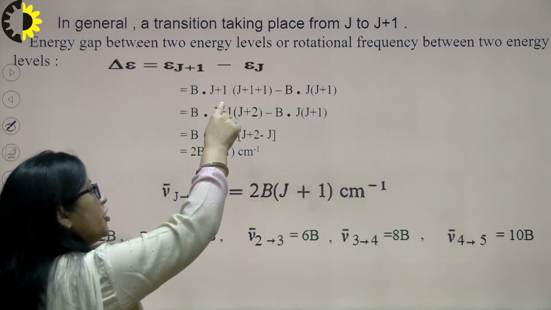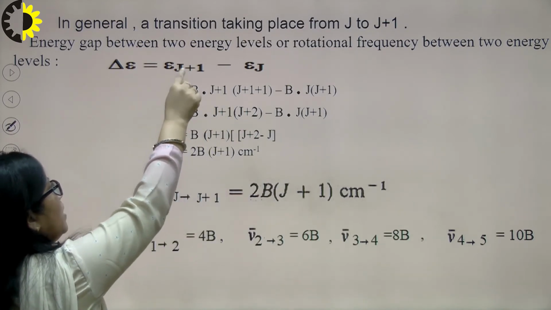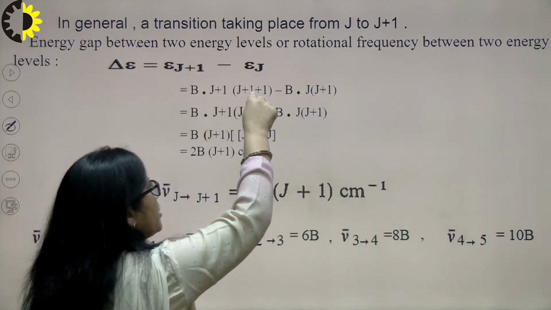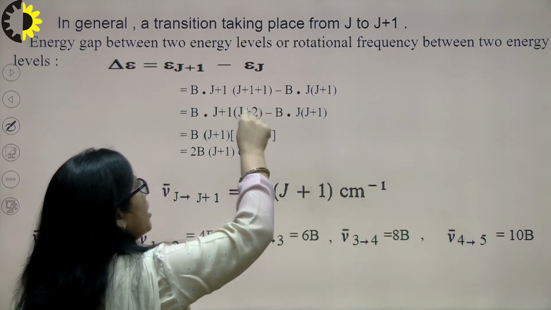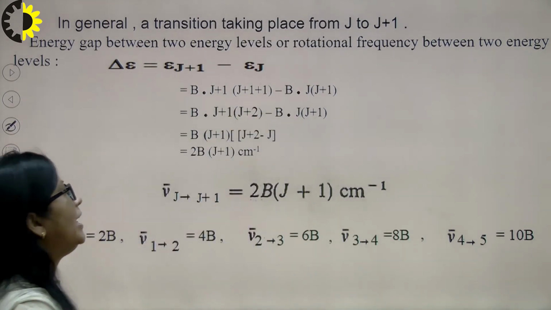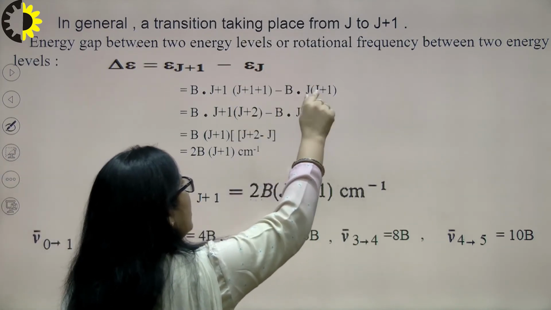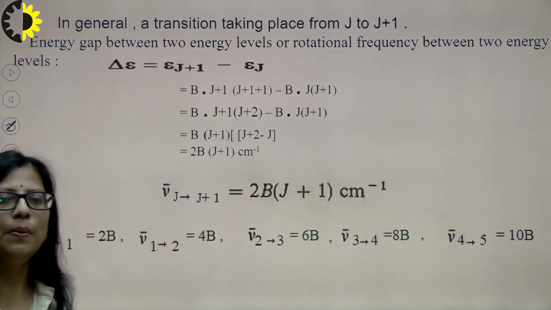Where it was only j, it is going to become j plus 1 because we have increased one level, and where it was j plus 1, it is going to become j plus 2. Again we are going to add 1, and Ej will remain the same, it is B multiplied by j multiplied by j plus 1.